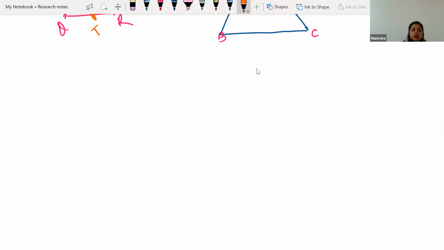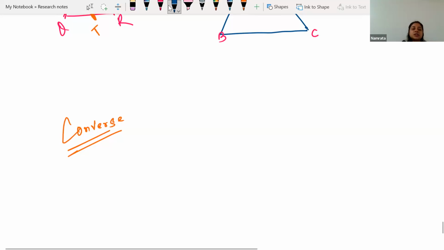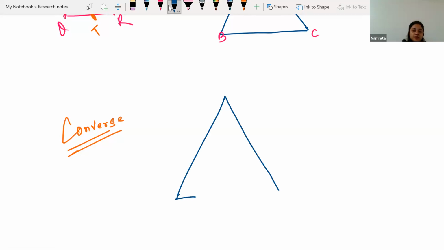Rather than reading the converse statement, let me explain what exactly the converse of the midpoint theorem says. If we have a triangle, and you take one of the sides' midpoint, any one side's midpoint. If this is triangle ABC, any one of the sides' midpoint you take.